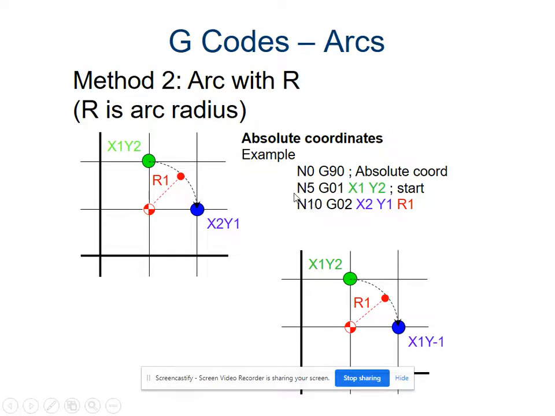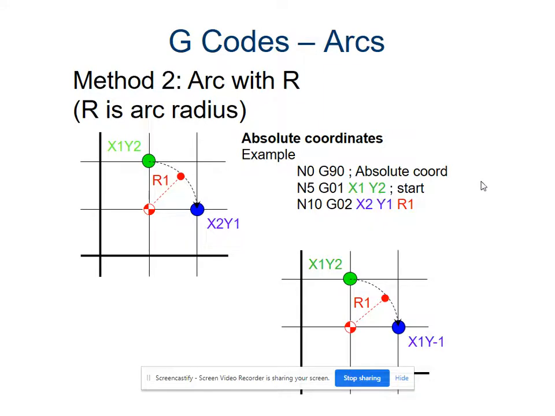DJ, what is that line going to tell the computer? What is G01? Yep, it's linear interpolation. And what do X1, Y2 mean? It's the location for the tool to start at.